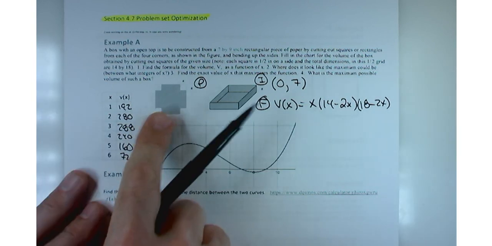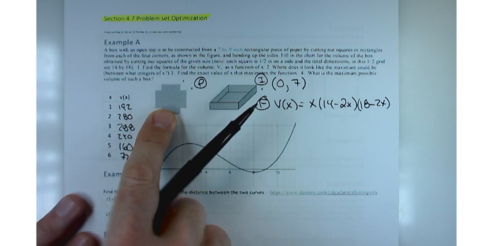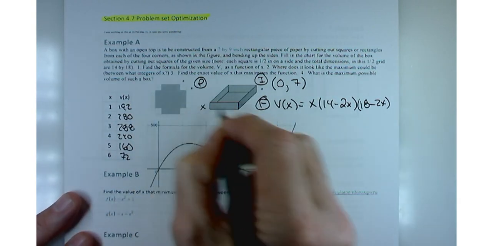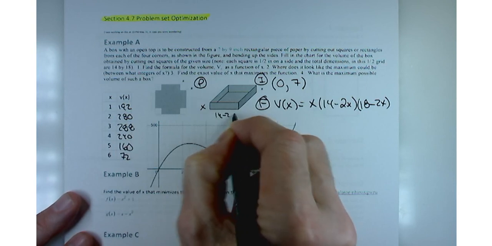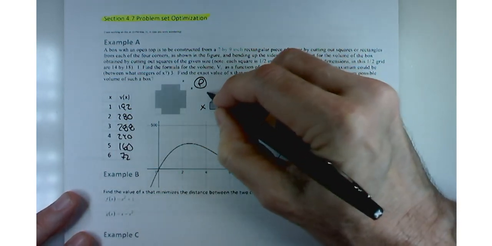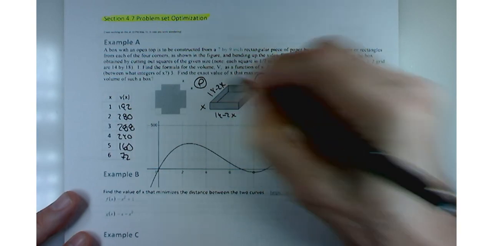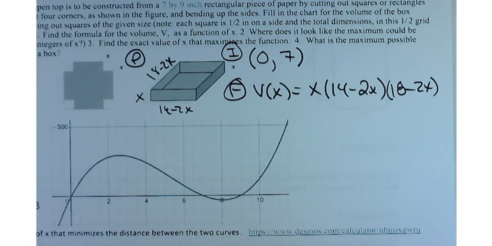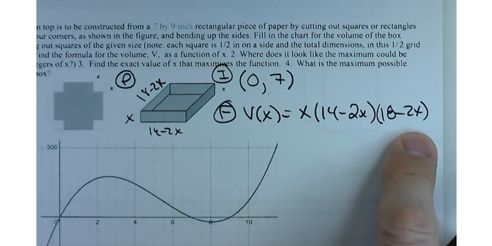We started out with a nice picture of our graph, or a picture of our problem. So this is an x, this is 14 minus 2x, this is 18 minus 2x. And the volume of that turns out to be this polynomial function.